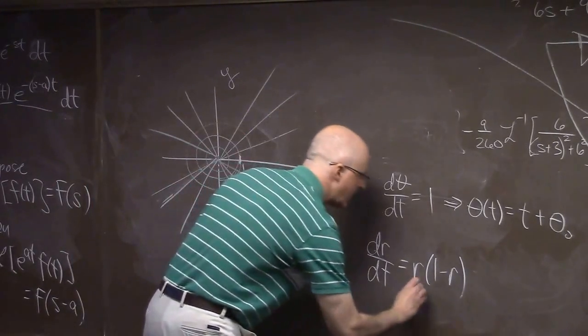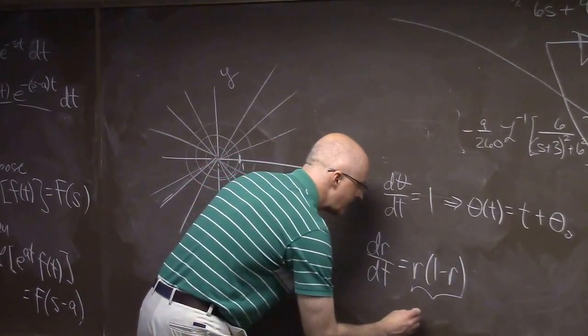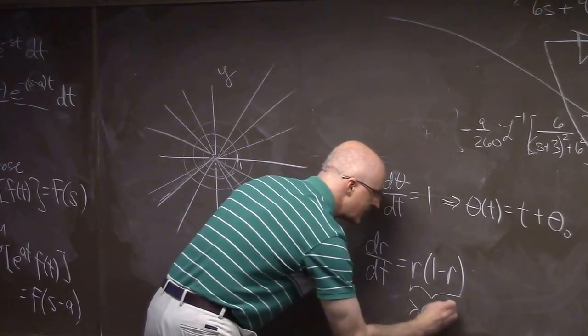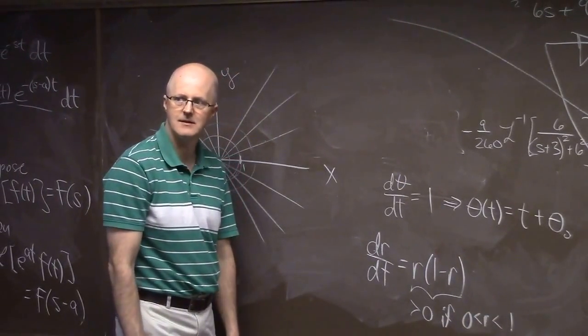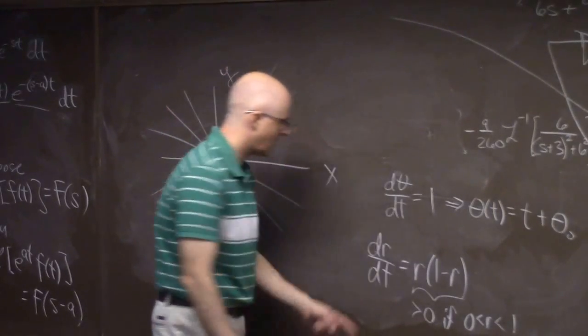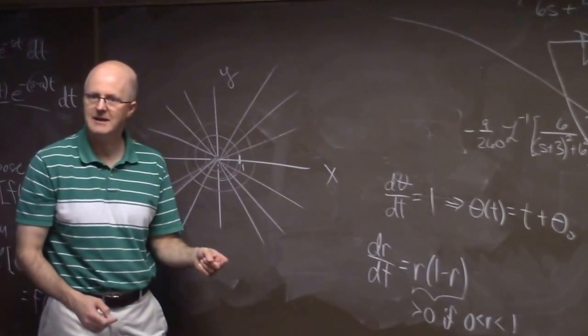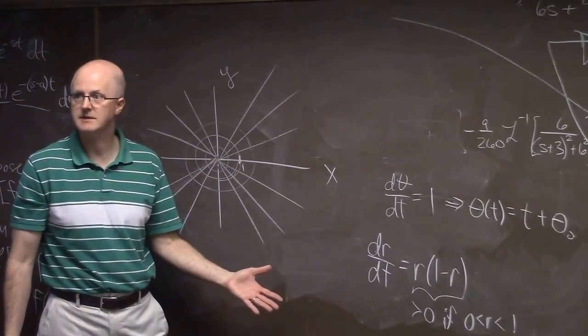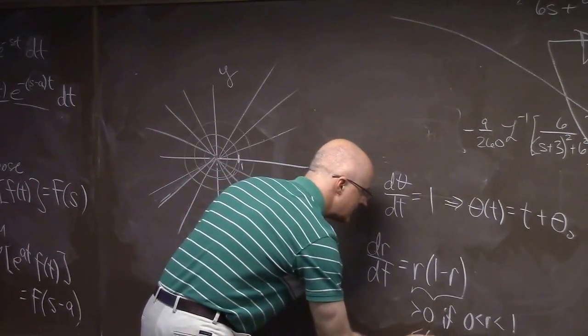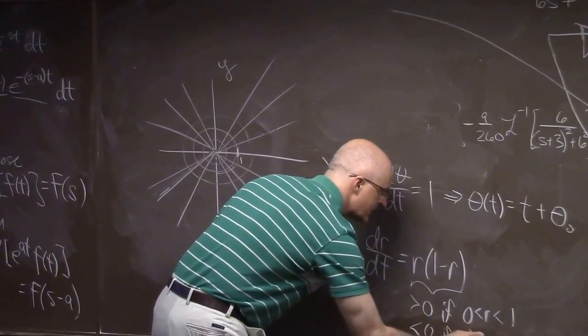This right-hand side function is positive if r is between 0 and 1. So when r is between 0 and 1, r is an increasing function of t. dr dt is positive. And it's negative if r is bigger than 1.